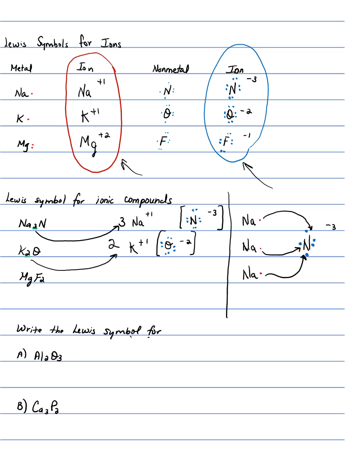Magnesium is in group 2. It's forming ions with a charge of +2. No dots around the metal because they're losing the valence electrons, so you don't have any dots for the metal ions. You see, I don't have any dots around sodium, potassium, or magnesium. And now for the non-metal, F will have a charge of -1, group 7, -1.